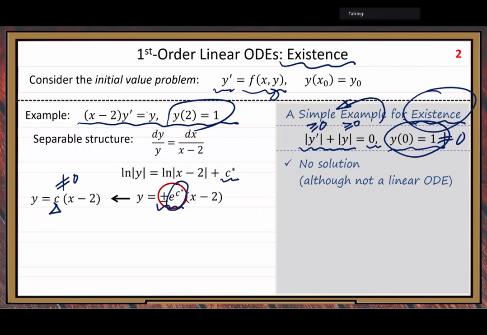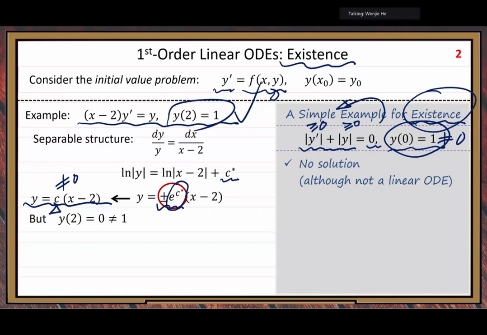All right, so let's take a look. Let's assume this is a valid solution. Then you plug in the initial value, y of 2.